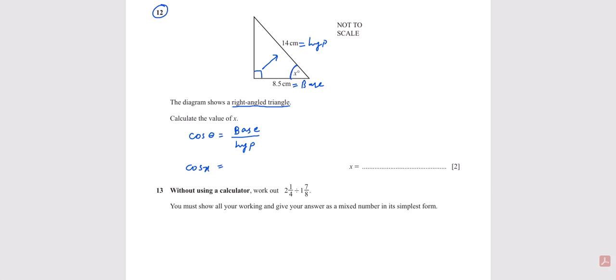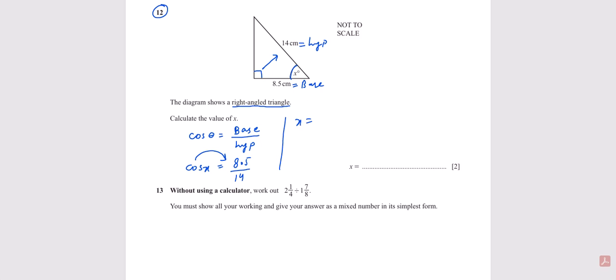Cos X is equal to base, which is 8.5, and hypotenuse is 14. Shift cos to this side, it will be inverse.